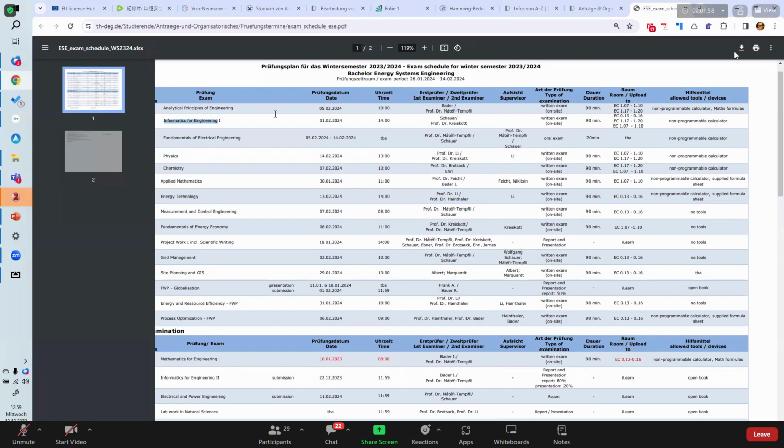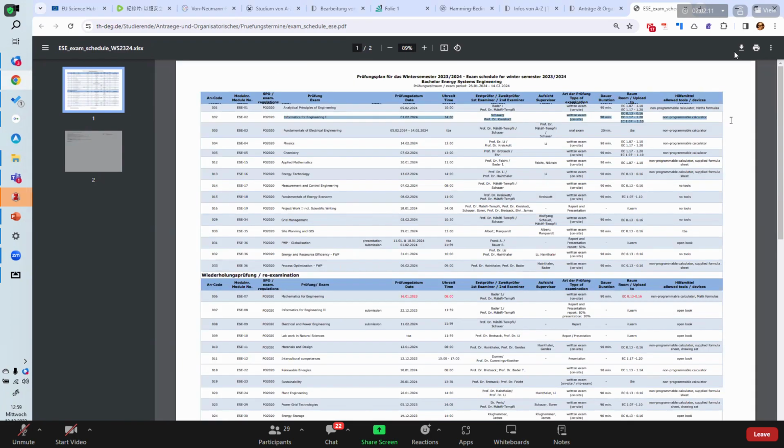Here you are seeing the informatics for engineering: non-programmable calculator.